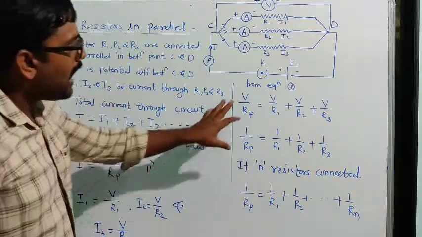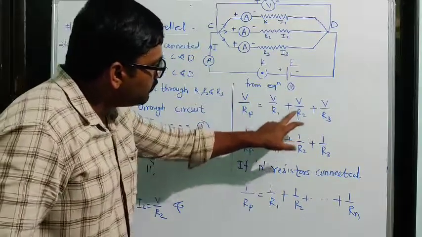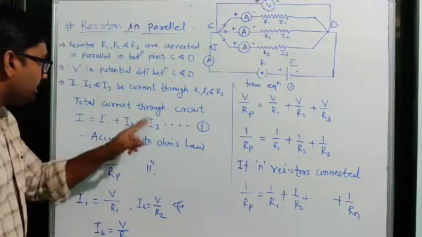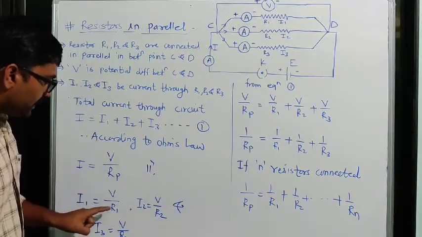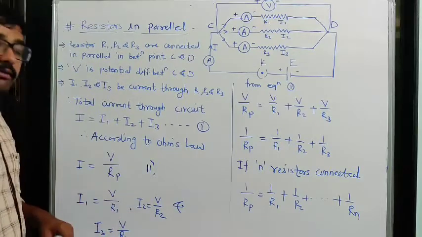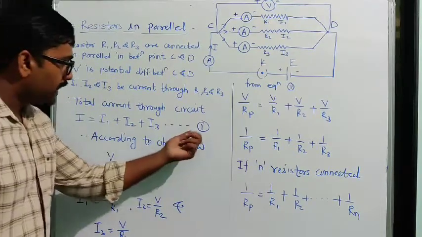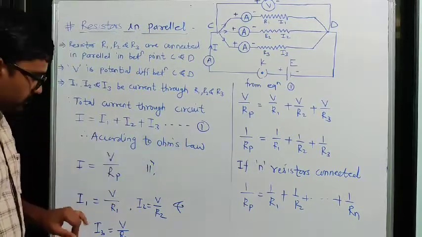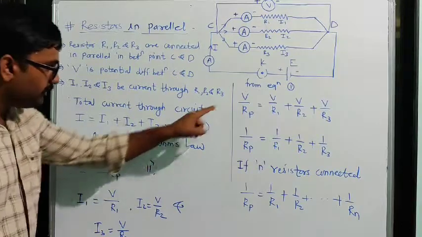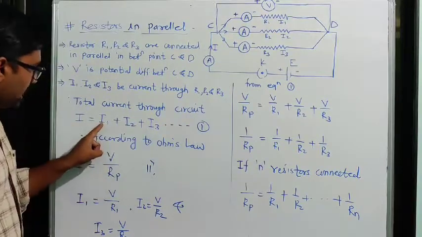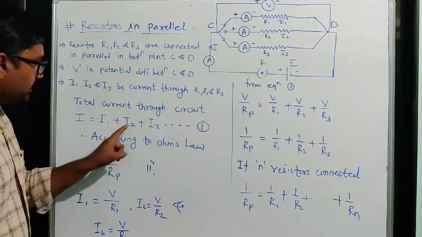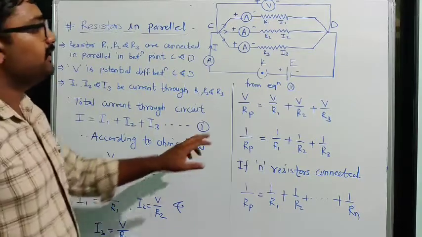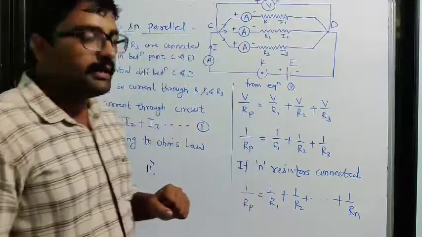So instead of I1, I2, I3, we put V by R1, V by R2, and V by R3. We put these values in equation number 1: I is equal to V by Rp, I1 is equal to V by R1, I2 is equal to V by R2, and I3 is equal to V by R3. So this equation will become as follows.